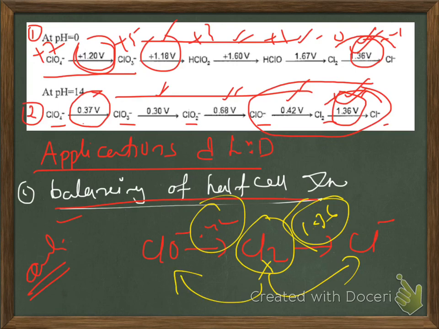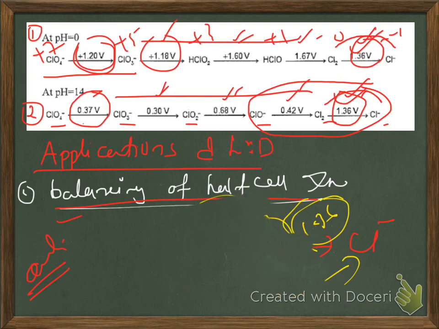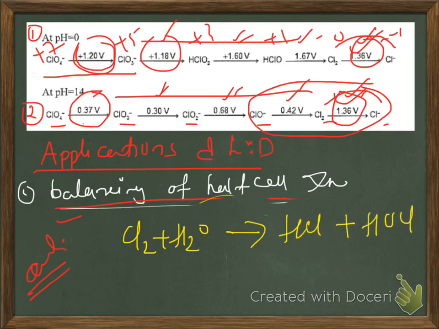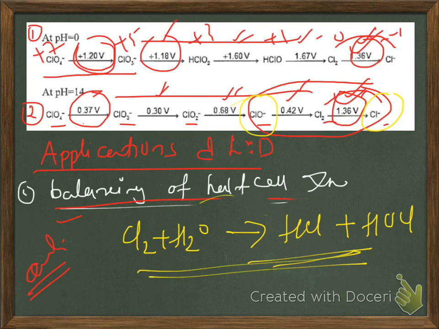This reaction you have studied in your degree classes, where you have seen that when chlorine is added to water, it will disproportionate like this: HCl plus HOCl. It was the reaction of the bleaching action of chlorine, during which chlorine formed HOCl.